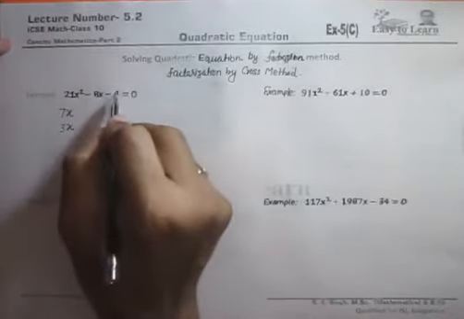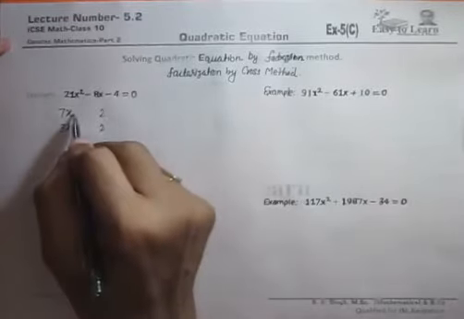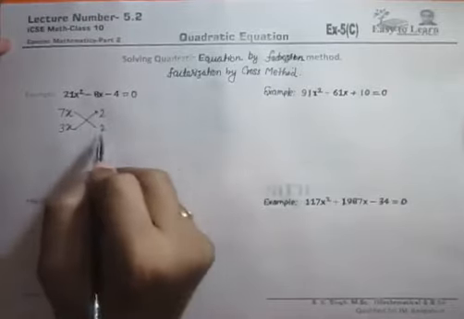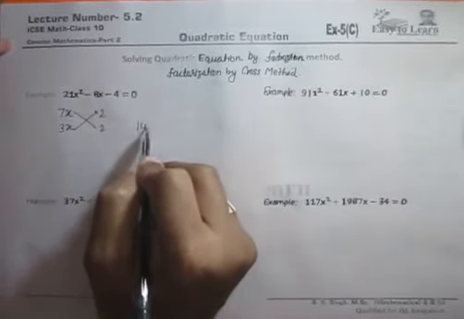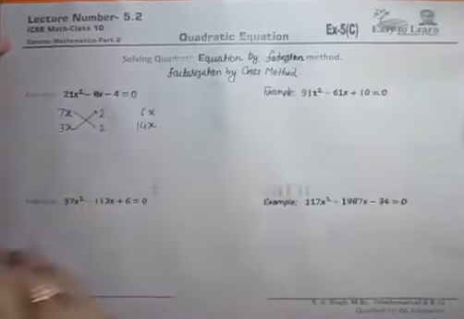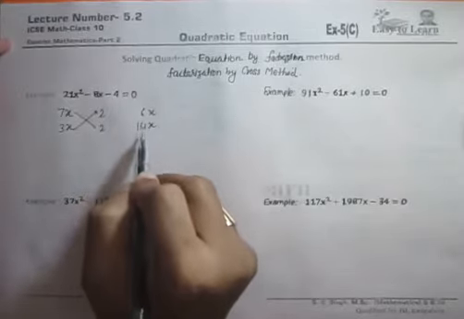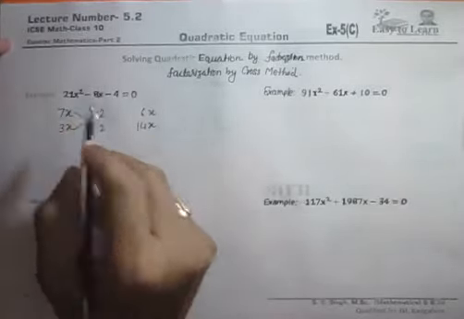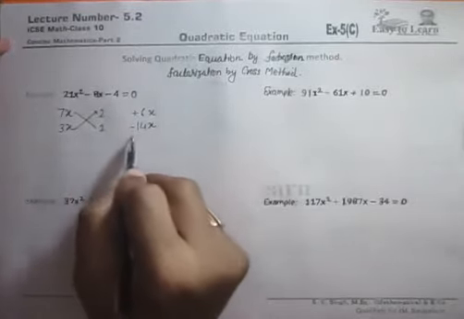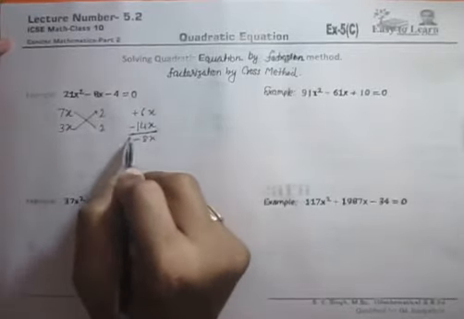Now this 4 can be written as 2 into 2. Now cross multiply this and this. So here 7x into 2 is 14x and 3x into 2 is 6x. Now if I add here, it will be 20x, but we have to bring here minus 8x. So here you will put minus and here you will put plus, so that the sum is minus 8x.